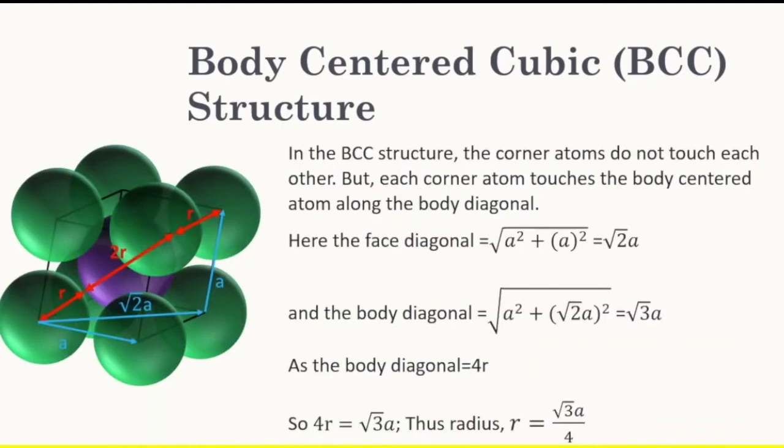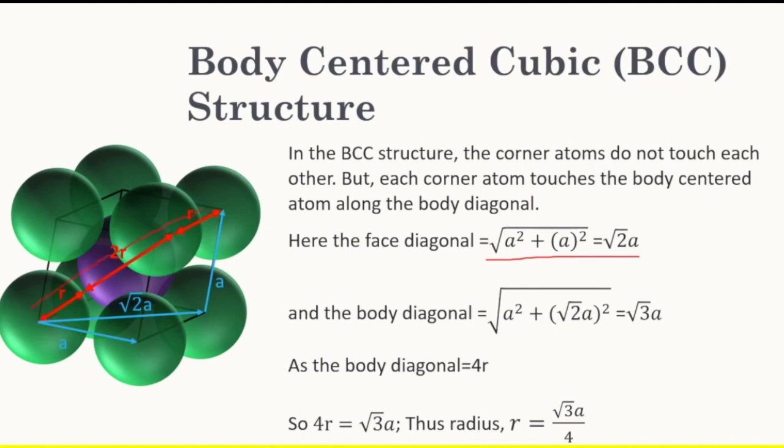Now, if we want to calculate the radius of the atom in the body centered cubic structure, then first we have to calculate the face diagonal, which is here, then the body diagonal.